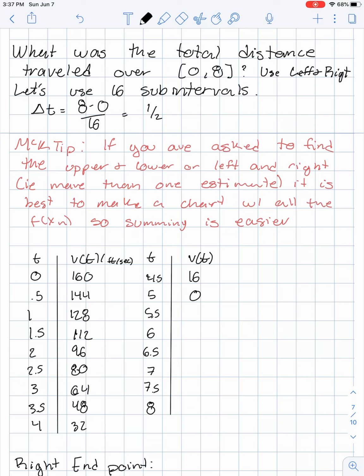At 5 is 0, right? That's our maximum. And then I'm going to come back down. And now I'm falling, so it's negative 16, negative 32, negative 48, negative 64, negative 80, and negative 96. Okay, perfect.